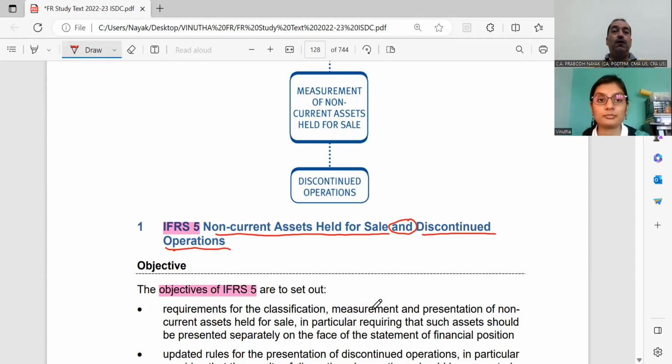Fine. So there will be trading results from 1st January up to 31st July. That is either a profit or a loss. Now, since I told you that it's loss making, there will be a trading loss from 1st Jan to 31st July. So that has to be shown in the SOPL separately as trading loss from discontinued operations.